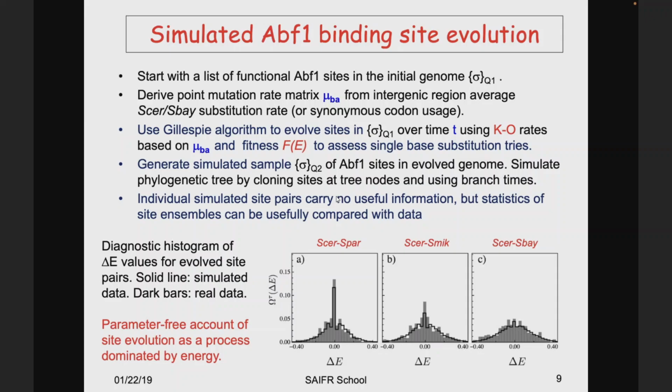We've derived the fitness function of energy, and we know the relation between energy and sequence. And we also know how fixation probability works: we have the Kimura-Ota magic formula for how the fixation probability of a new allele depends upon the fitness and the population size.